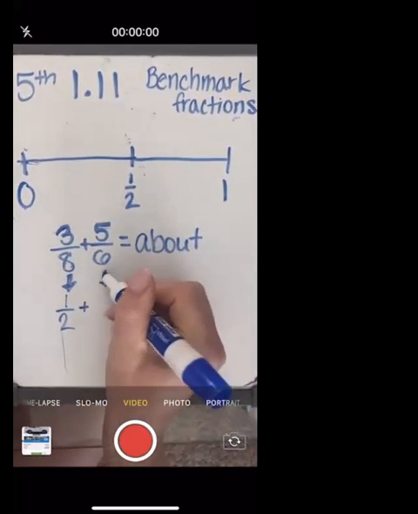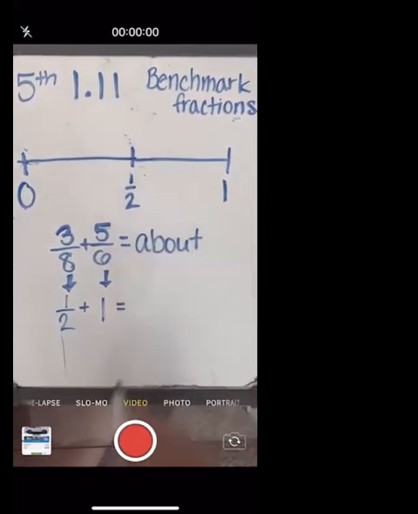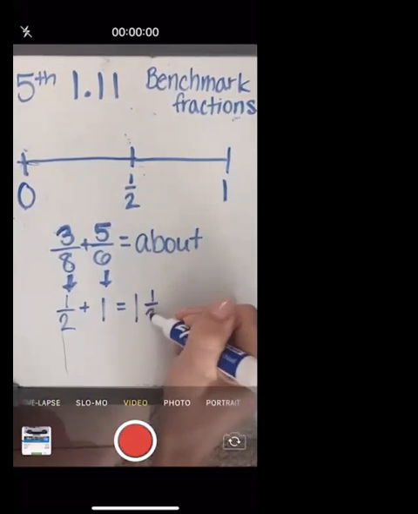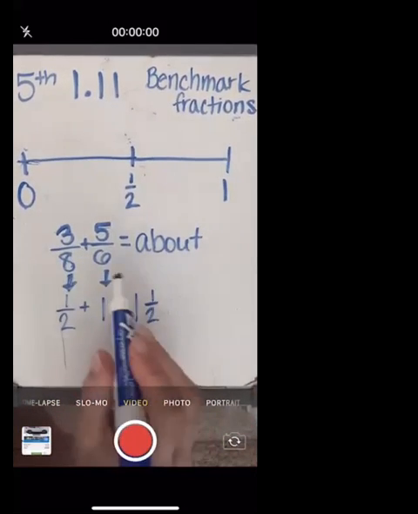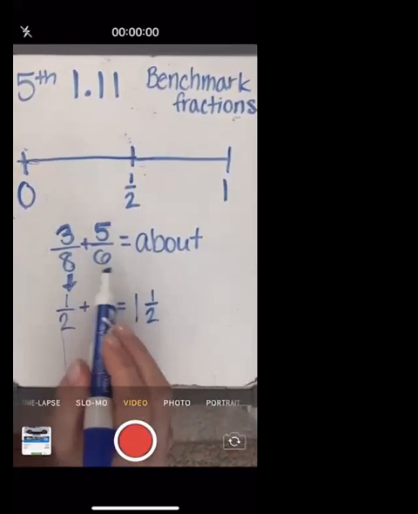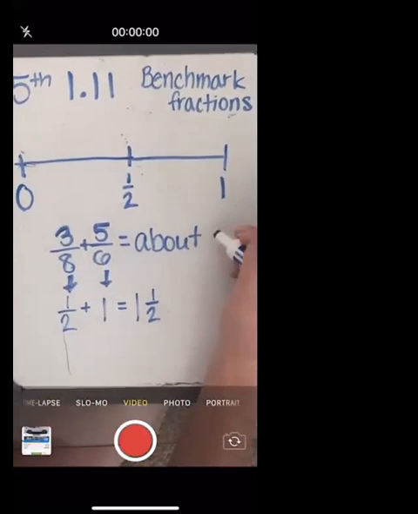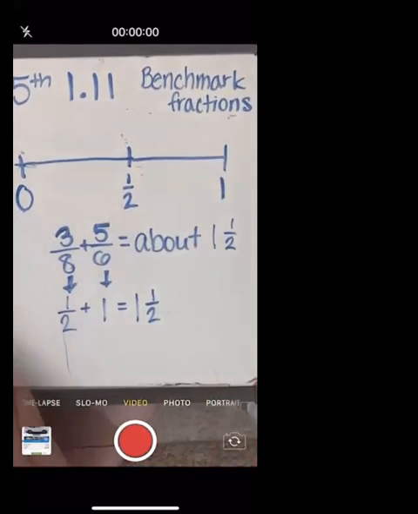So if someone was to ask you to find a reasonable answer for 3/8 plus 5/6, I could find my friendly benchmark fractions and say 1/2 plus 1 is 1.5. So my estimation would be that 3/8 plus 5/6 is about 1.5. No, it's not exactly 1.5, but a reasonable answer could be 1.5. I just rounded it to the closest benchmark fraction.